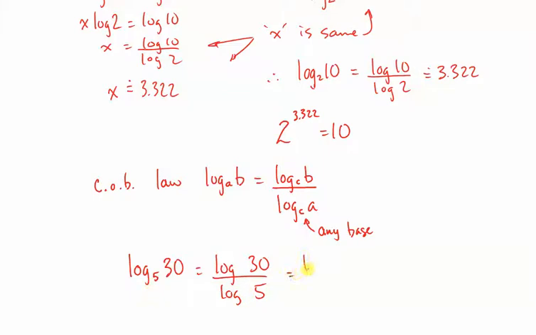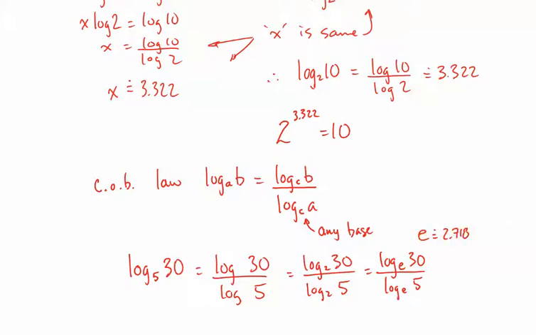I could, if I wanted to, write this as log base 2 of 30 divided by log base 2 of 5. I could, if I wanted to, write this as log base e of 30 over log base e of 5. You may remember that e is called Euler's number. e is approximately 2.718.